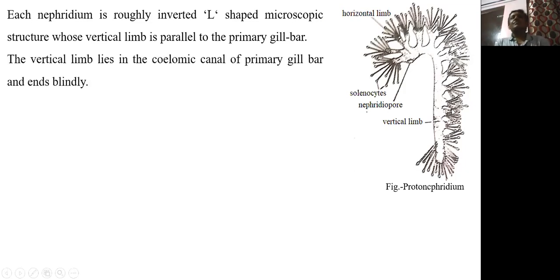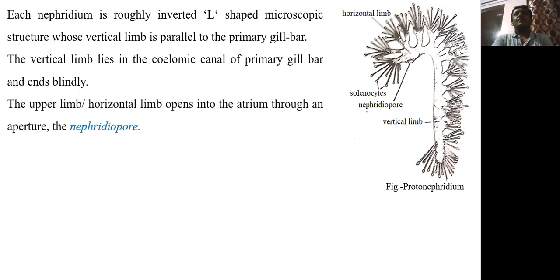The vertical limb lies in the coelomic canal of the primary gill bar and ends blindly. The upper limb may be called the horizontal limb; in the figure we have shown it as the horizontal limb. This upper limb opens into the atrium through an aperture called the nephridiopore. It is labeled here, nephridiopore.